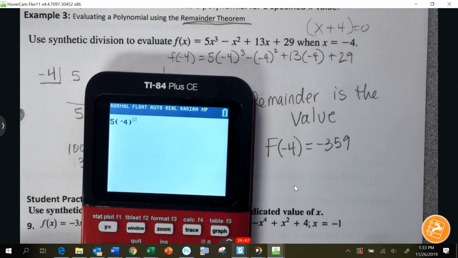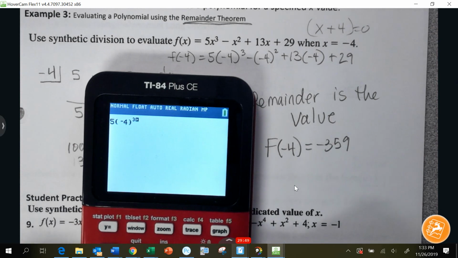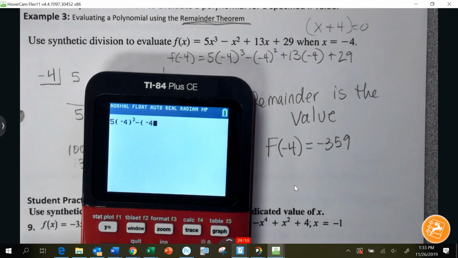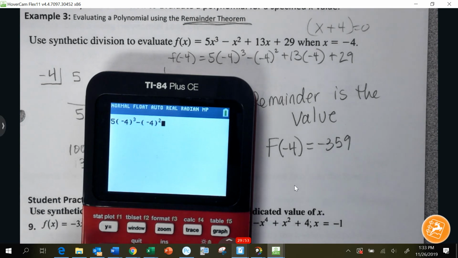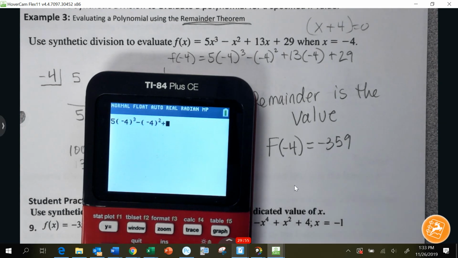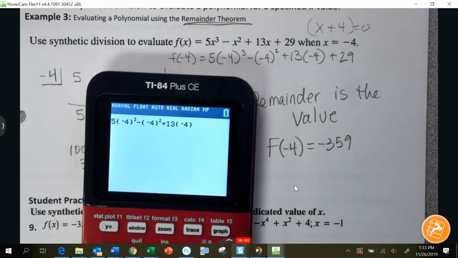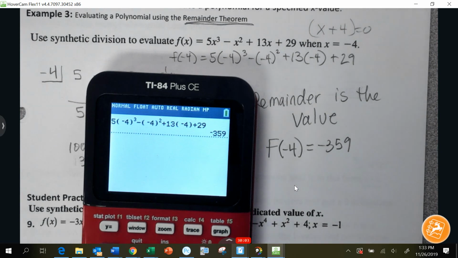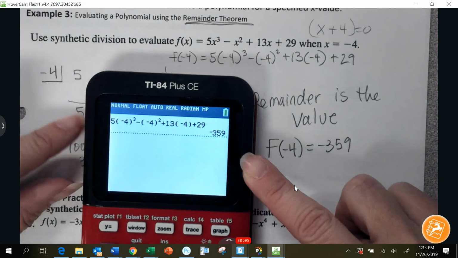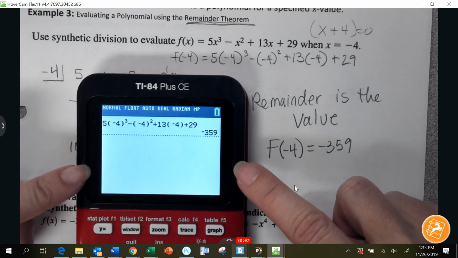Once I do this, you might understand better. Okay, you see when I plugged in -4, I got -359.